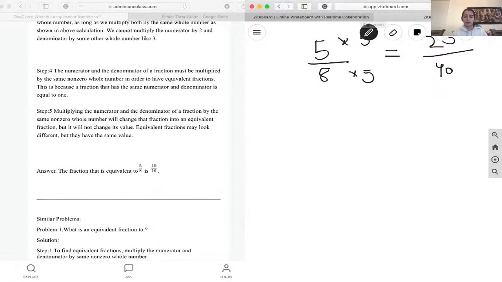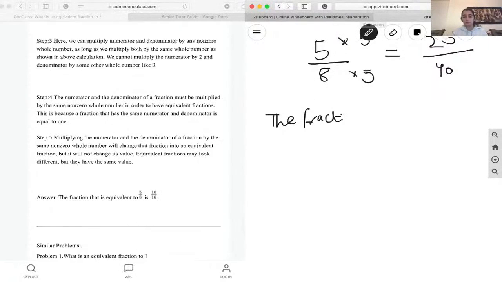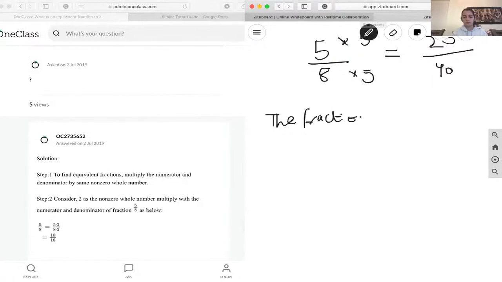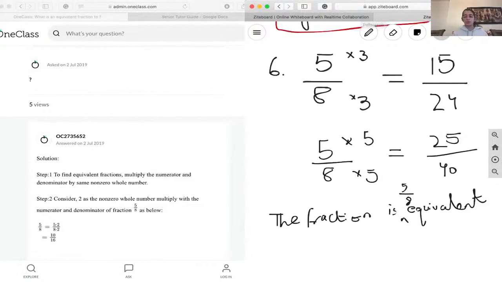A way to write equivalent is: here the fraction 5/8 is equivalent to either 15 over 24 or 25 over 40.